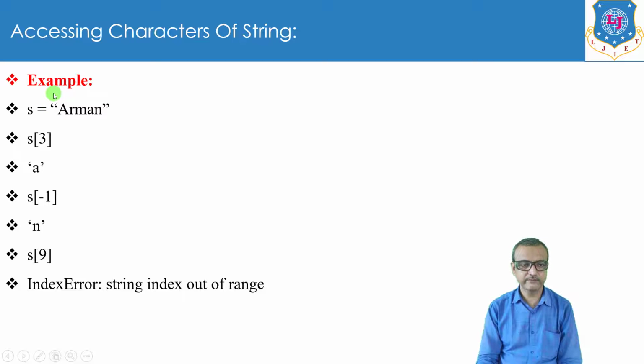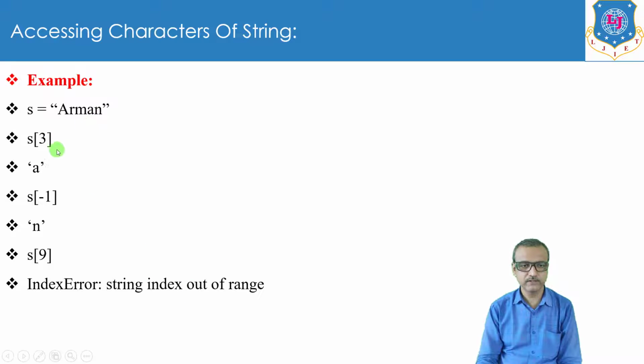Now we have one example over here. In variable S, we have the string Arman. So what will S[3] give us? See, here the index of this capital A is 0. Then for R it is 1. Then for M it is 2. Then for A it is 3. And then for N it is 4.